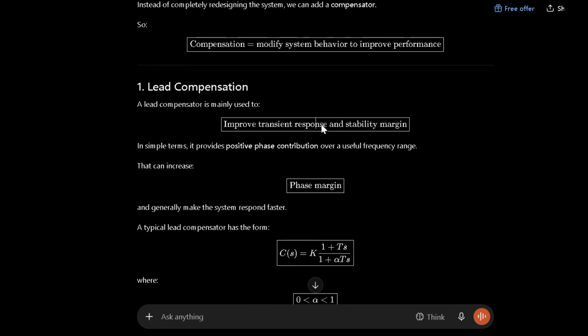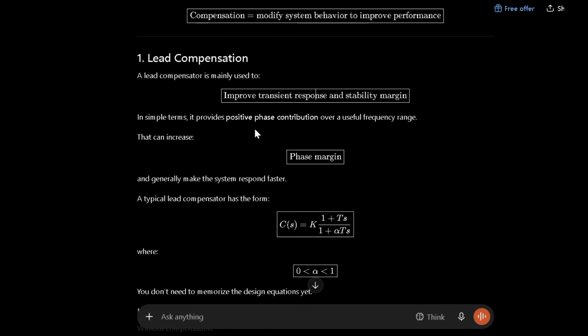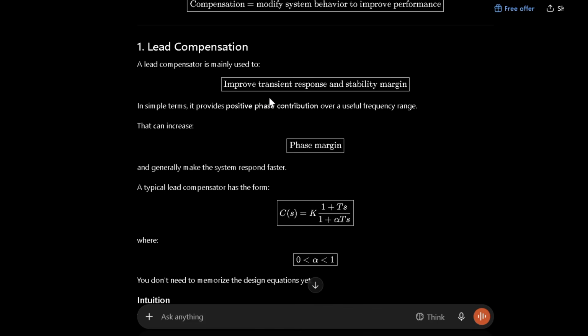We read about transient response, forced response, and stability margin. Complete response equals forced response plus natural response. The transient response comes under the forced response.